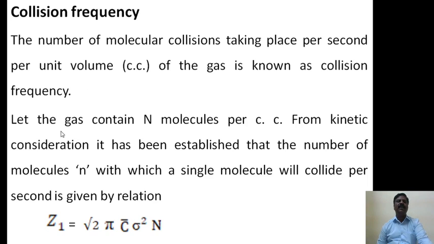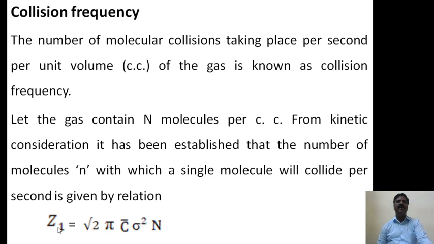Now let the gas contain n molecules per cubic centimeter. Then from kinetic theory of gas considerations, it has been established that the number of collisions a single molecule makes per second is given by the relation Z1, which is called the collision number.